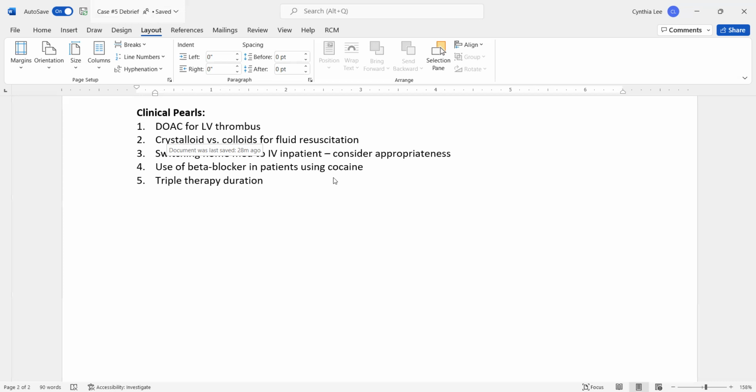But again, consider appropriateness of switching to IV. Some of the students recommended an IV continuous beta blocker to convert them from the home beta blocker in the inpatient setting, a small drip. So this patient is hypotensive. She's in shock.